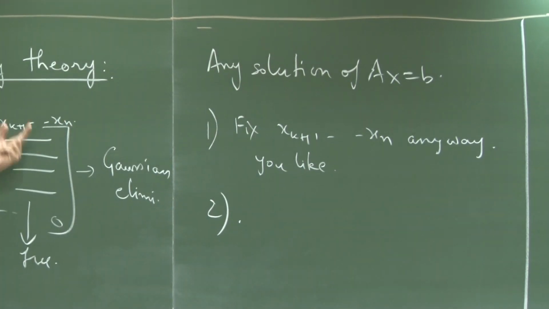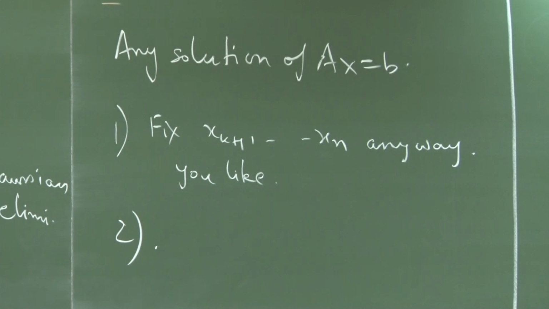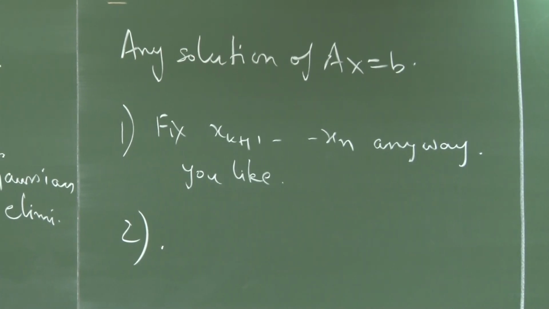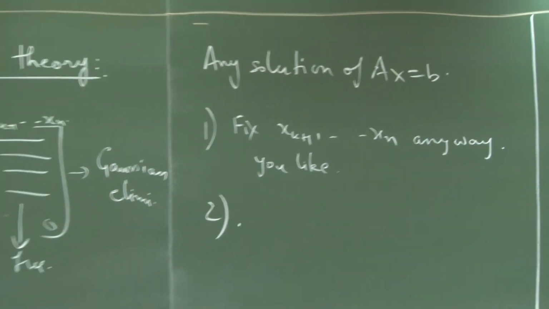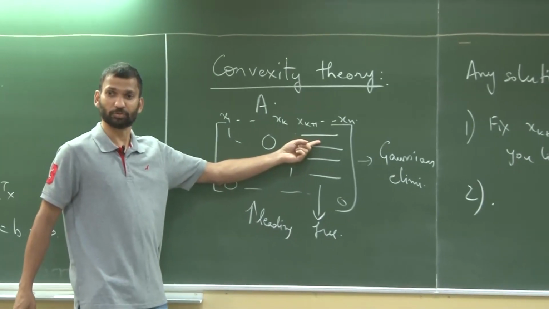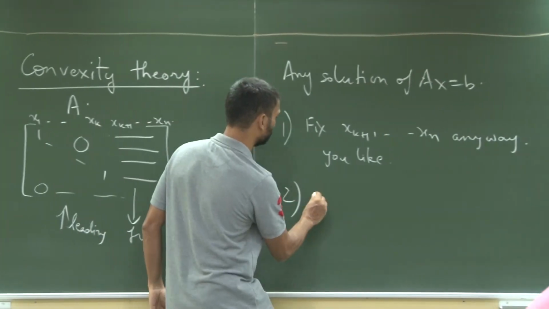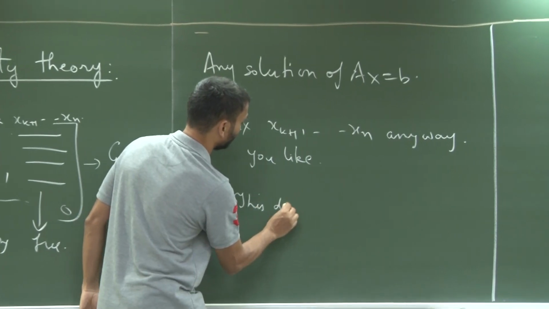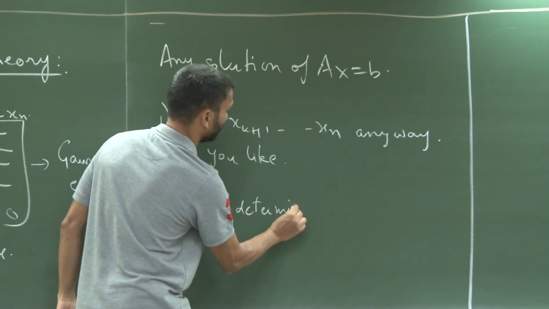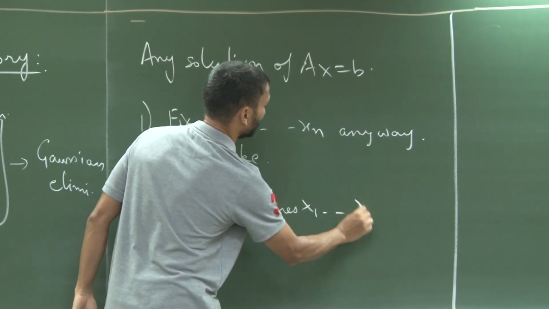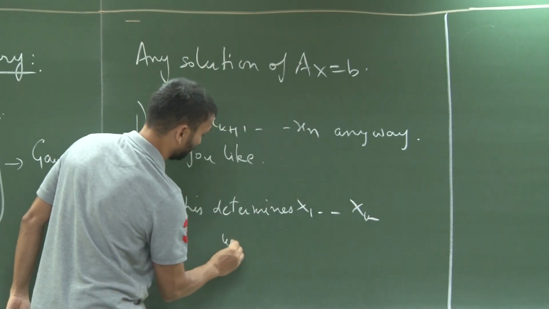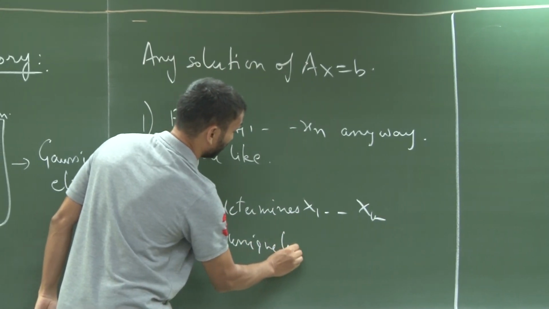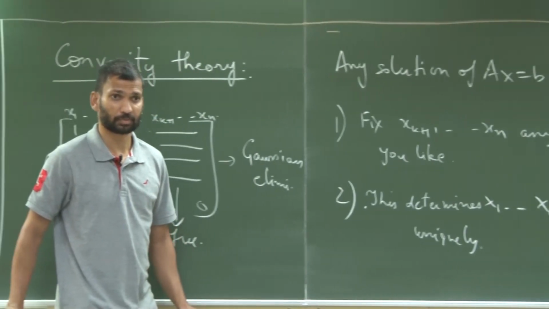Once you fix these values, this will determine the value of x1 to xk uniquely, and this is given by these coefficients. Sounds good.